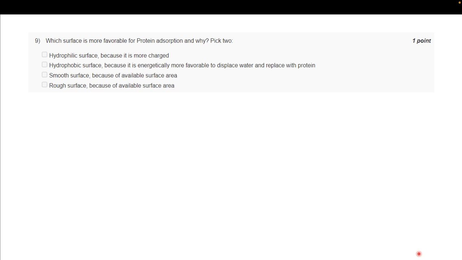Next is, which surface is more favorable for protein adsorption and why? We have to pick two. First option. 2 and 4. Okay, one person said first option, hydrophilic surface, because it is more charged, and another person is saying 2 and 4.